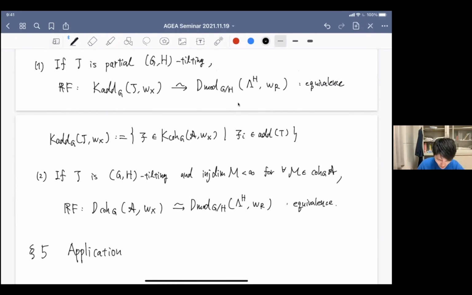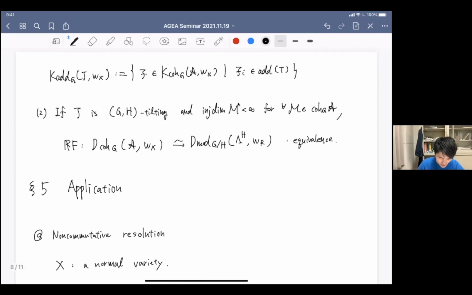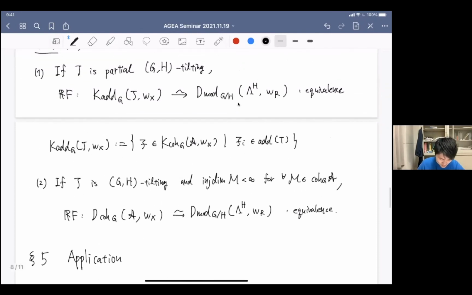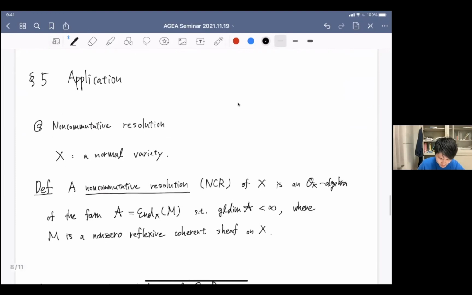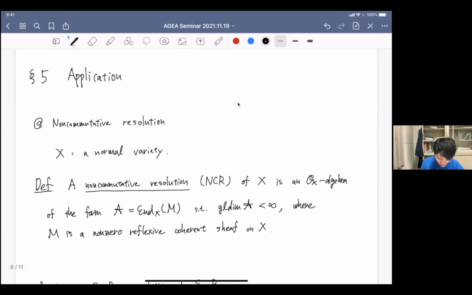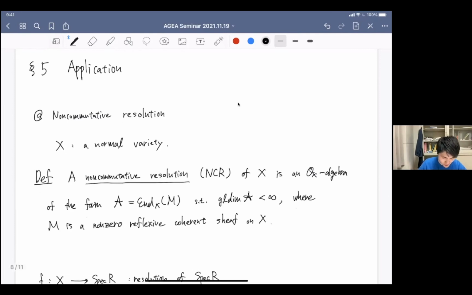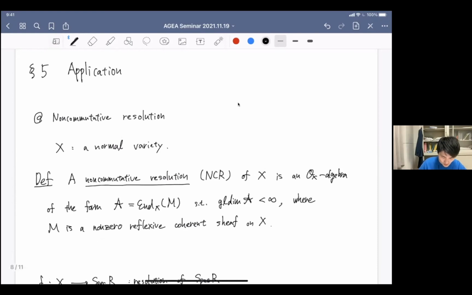So now let me explain an application of this main result. To explain the application, I need to introduce some notions, namely non-commutative resolutions. So let X be a normal variety.